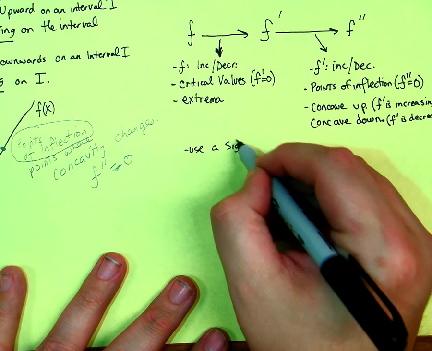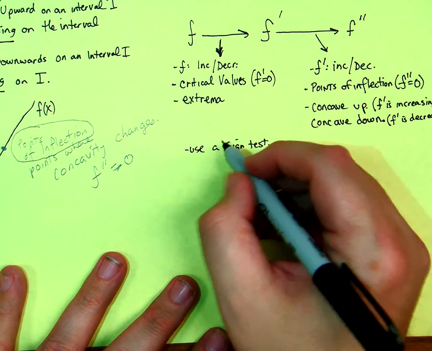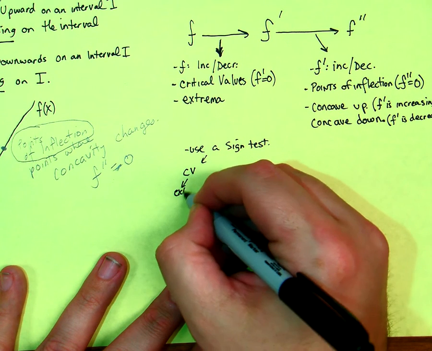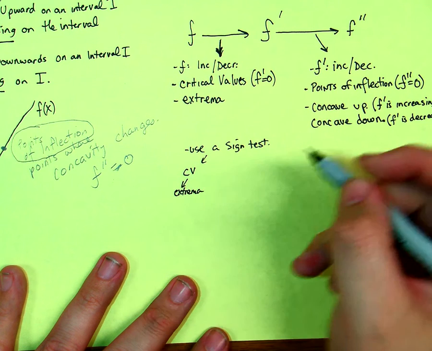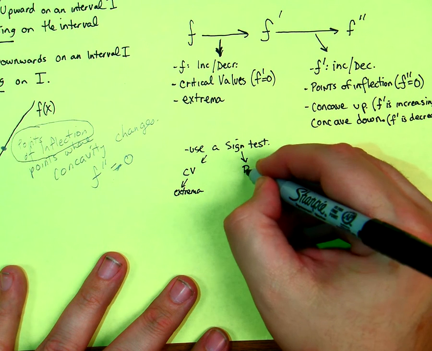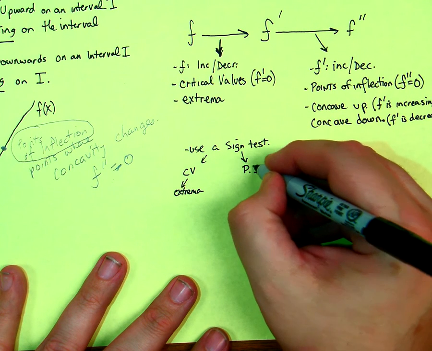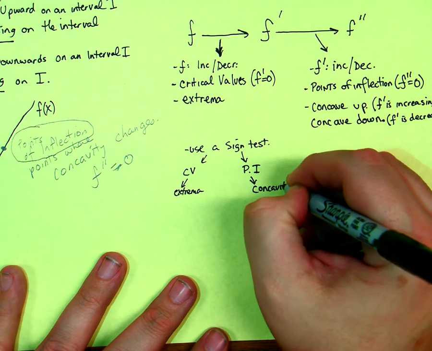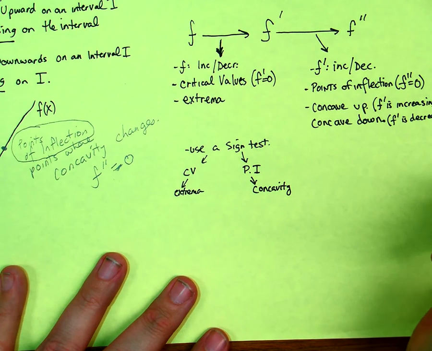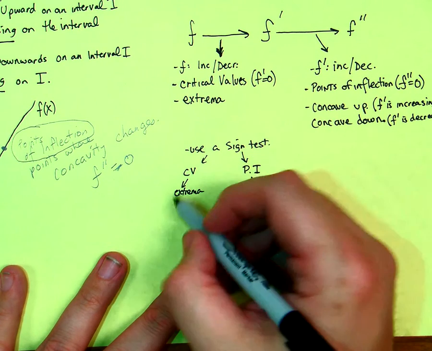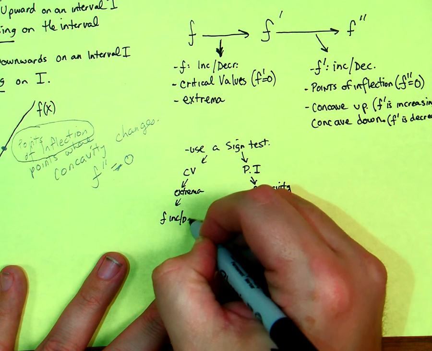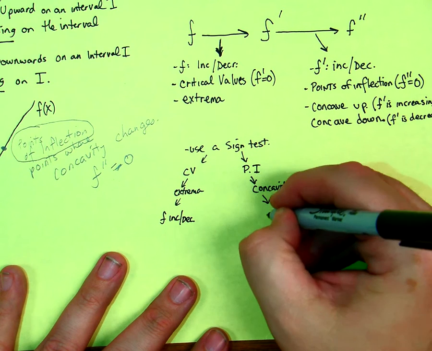And we're either going to use them on critical values to figure out extrema, or points of inflection to figure out concavity. This also figures out if f is increasing, decreasing, and this figures out if f prime is increasing, decreasing.